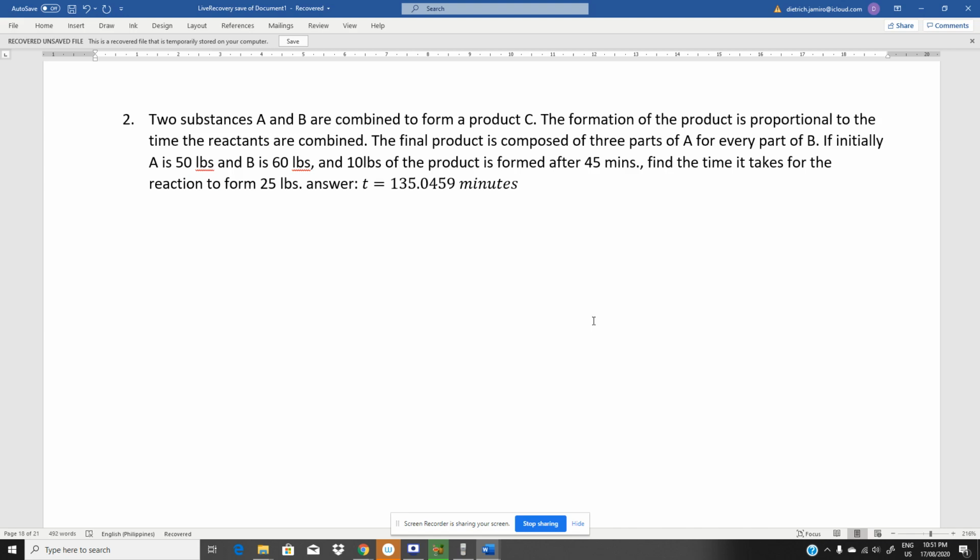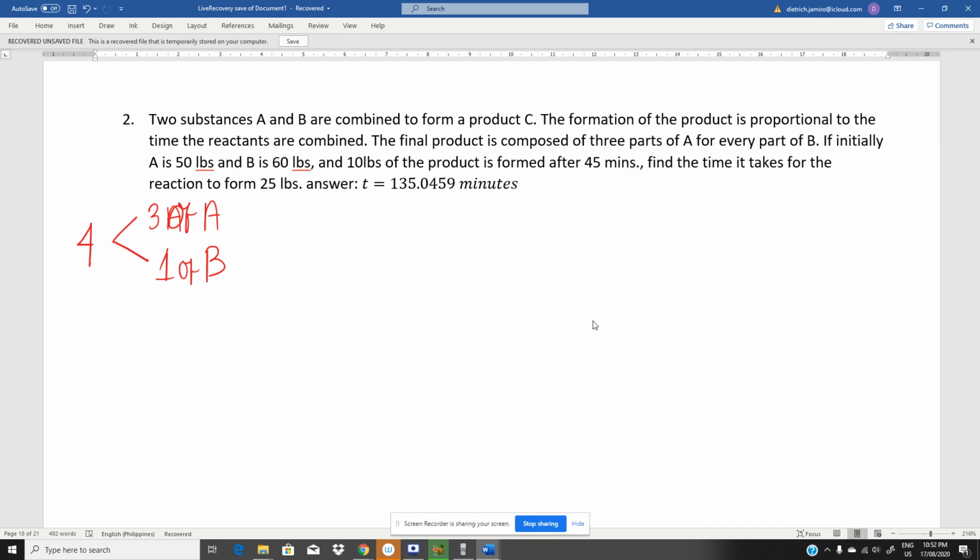The final product is composed of three parts of A for every part of B, meaning we have a total product of 4, because it came from three parts of A and one part of B.